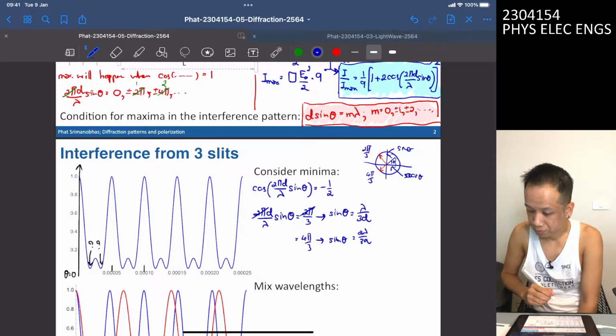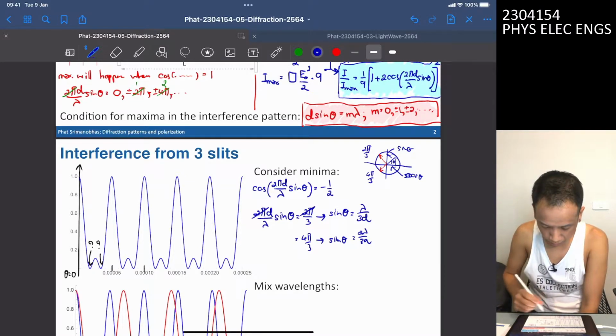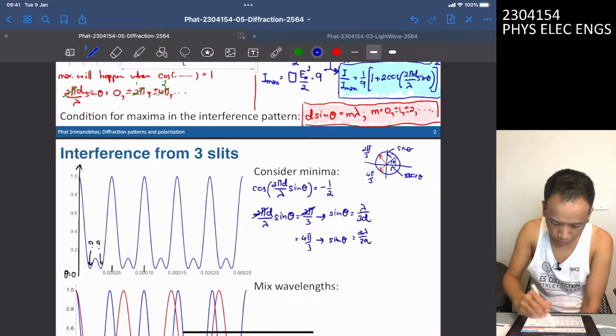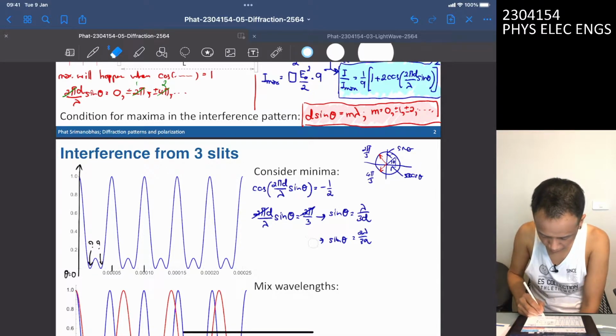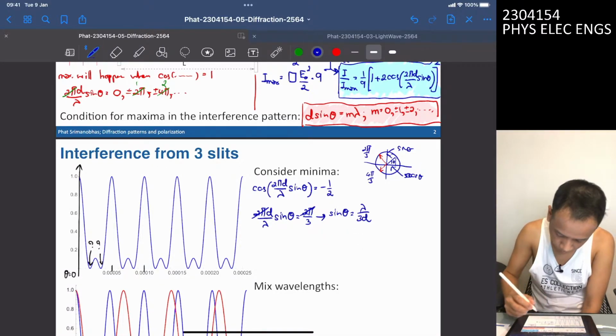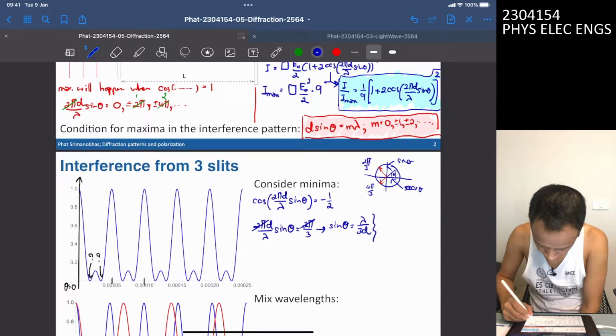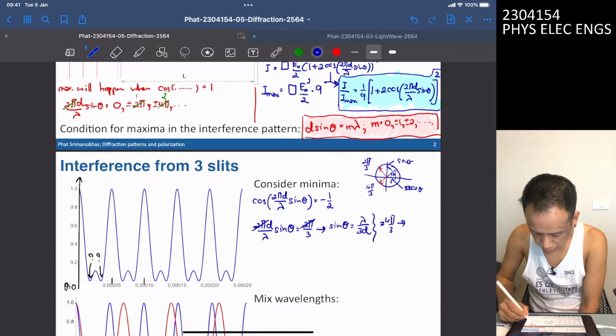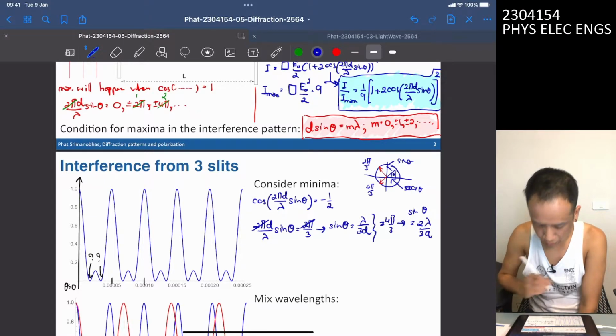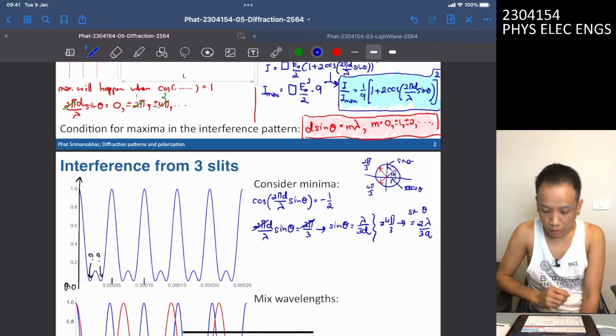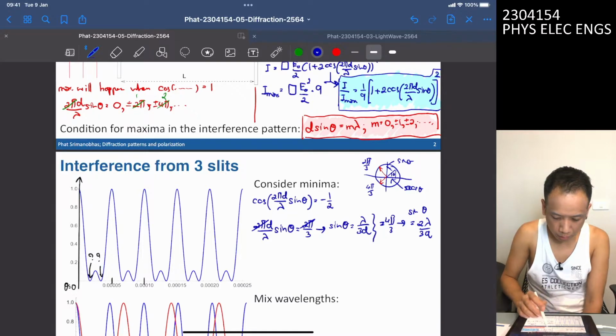So this is the point where you get the minimum.